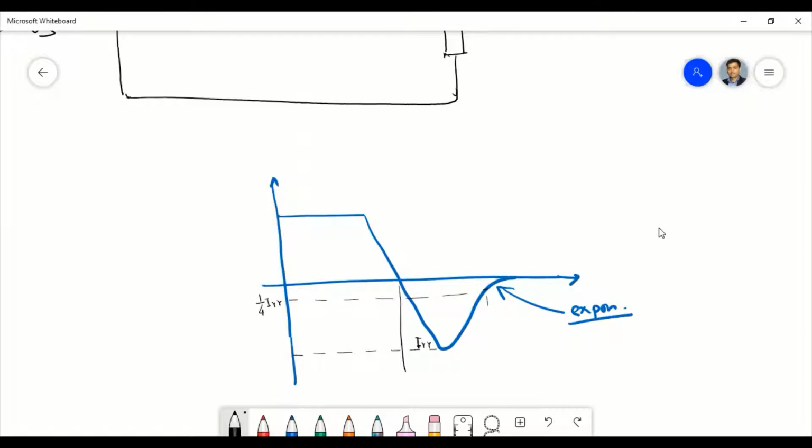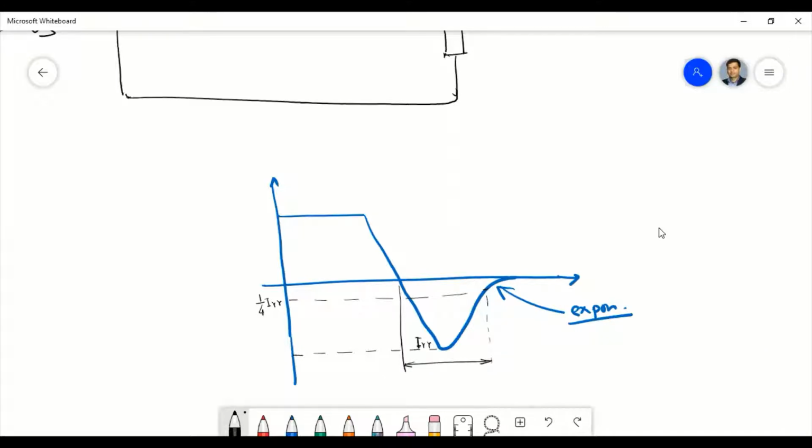So that time is taken, and this is how we define the reverse recovery time, not zero, because for an exponential curve it takes very long time to become zero.